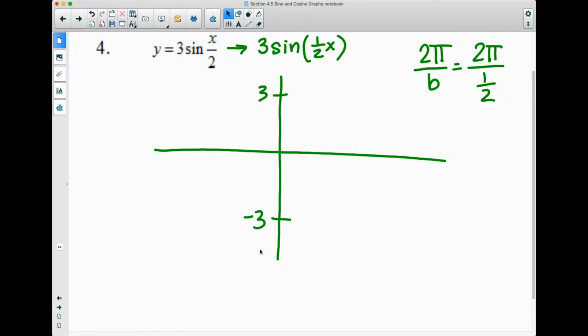Multiply by the reciprocal. What's the new period of the function? 4 pi. So what took a distance of 2 pi is now going to take a distance of 4 pi. Okay?